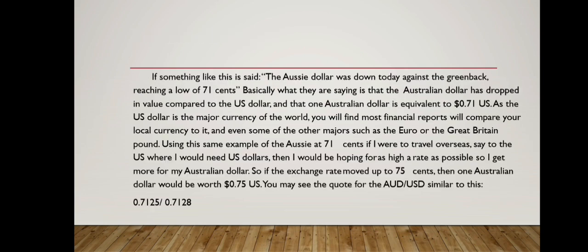Let us take an example. Let us go deeper. If something like this is said, the Aussie dollar was down today against the greenback, reaching a low of 71 cents.